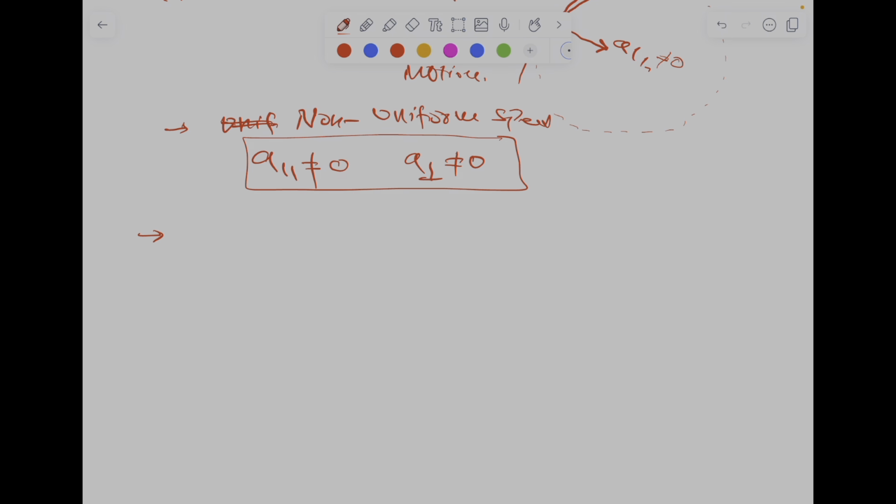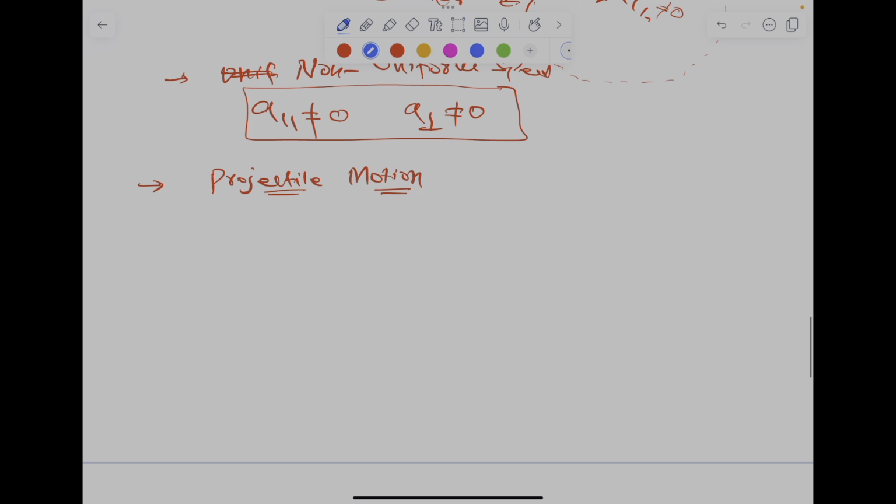Okay, now we're going to move on to the important topic of this chapter, which is projectile motion. Projectile motion is a two-dimensional motion.